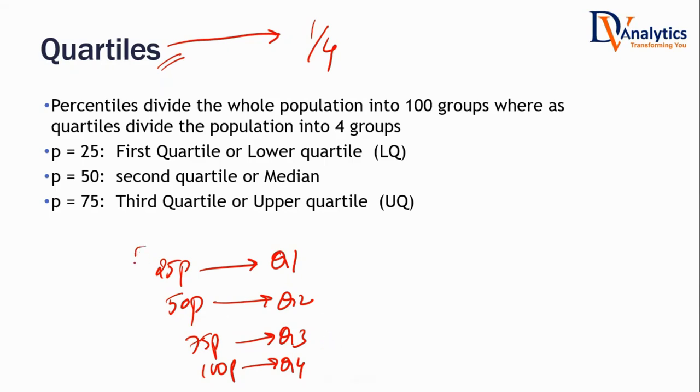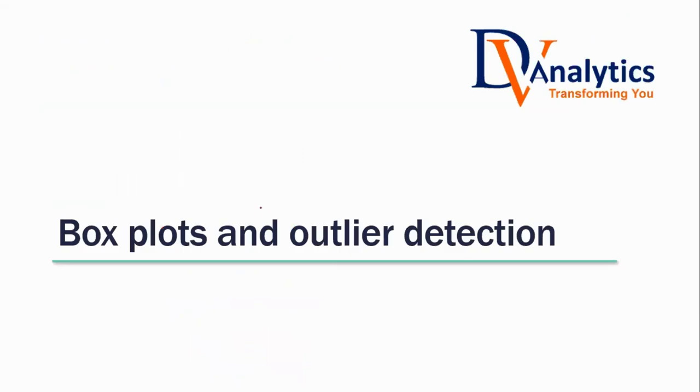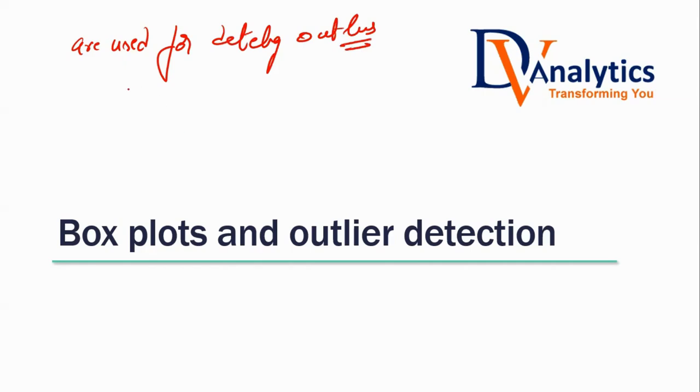Nothing really special about this, but where do we use them? There is something called a box plot. A box plot is a visual way of detecting outliers. It gives you a visual representation of the distribution of the data.